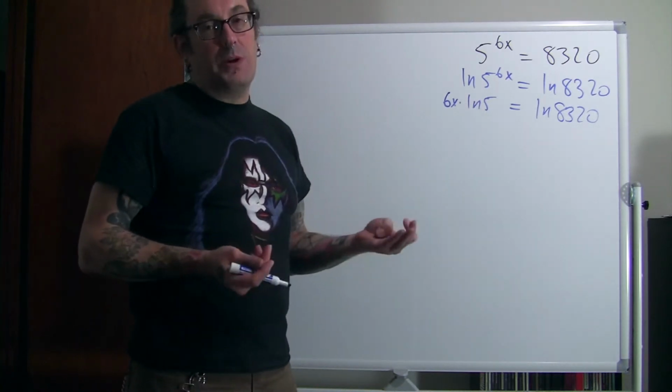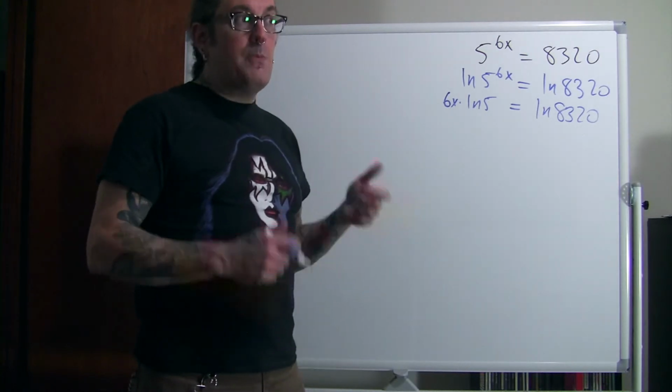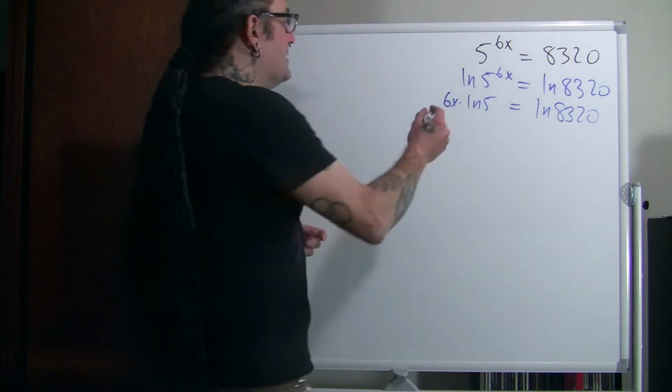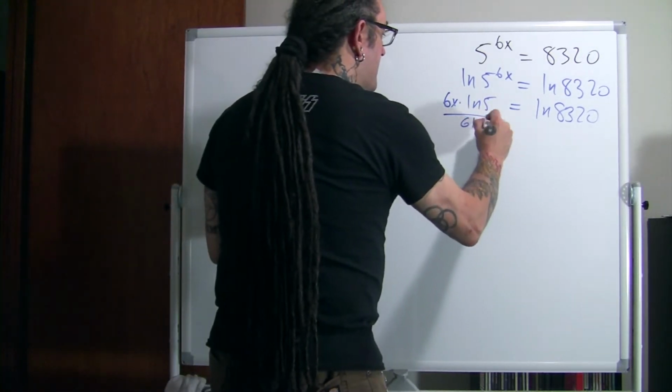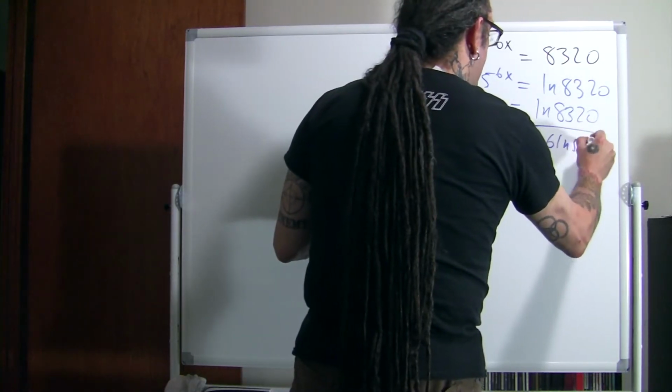That's going to be really important in this one. When we do the calculus version, we're also going to be approximating, and we're going to compare the two approximations to each other. But here I know I can simply divide by 6 ln 5. That's just some number.